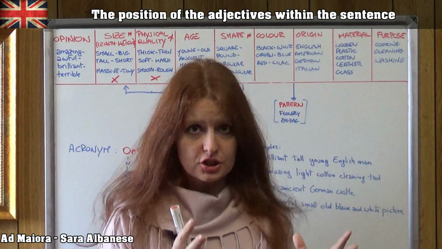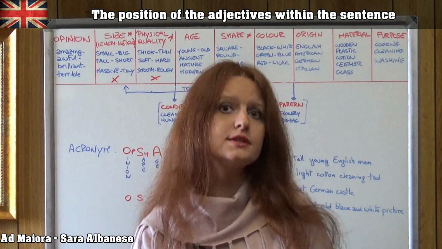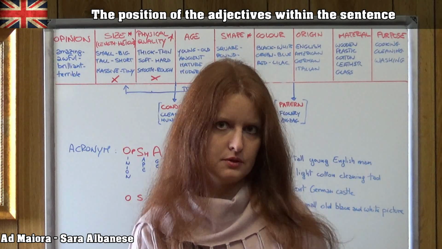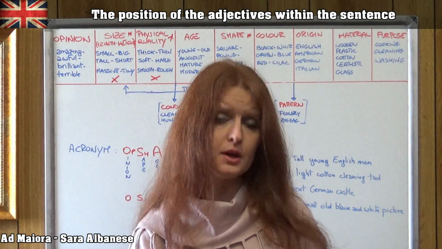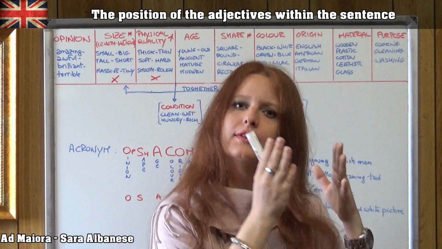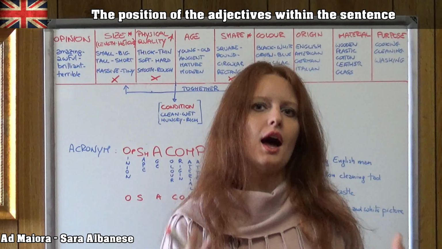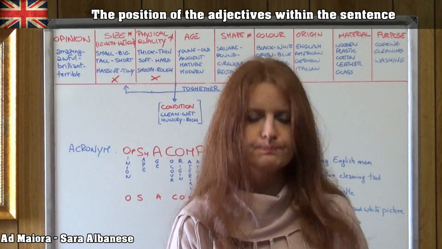So when we talk about adjectives, we know that in English they are always before the noun they refer to, obviously. If there are many of them, they are all before the noun and they have a specific order depending on the type of adjective they are.